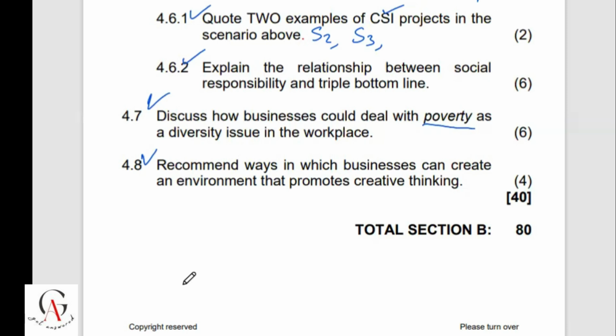recommend ways in which businesses can create an environment that promotes creative thinking. It means that they must emphasize the importance of creative thinking at the workplace to their staff members, so that all employees can hear whatever the management wants them to hear, and the management in the same manner can also hear whatever the staff members expect them to hear.